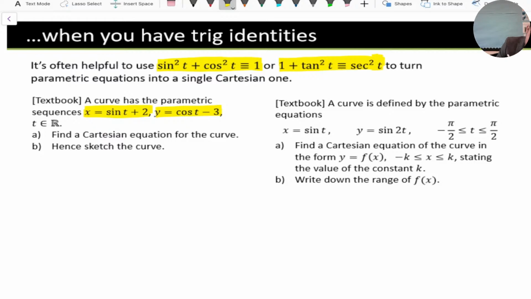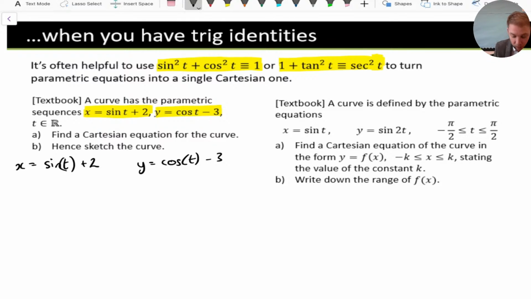So we've got x is equal to sine of t plus 2, and y is equal to cos of t minus 3. I'm just going to write them down again so you know. Now, we're not making t the subject here.